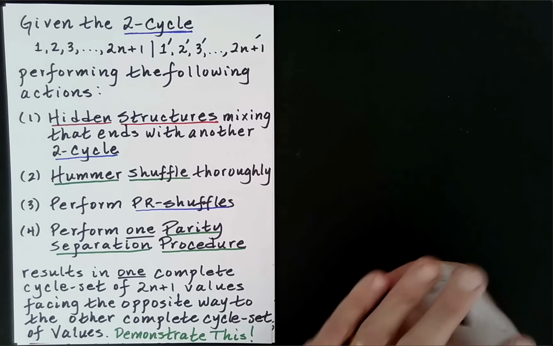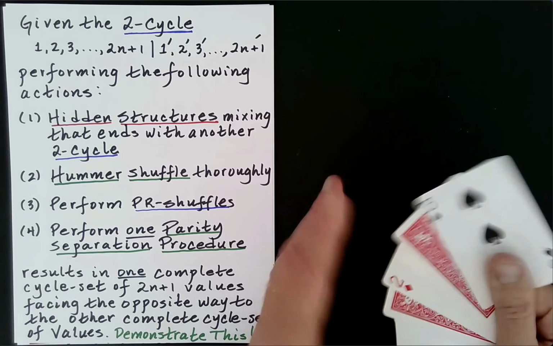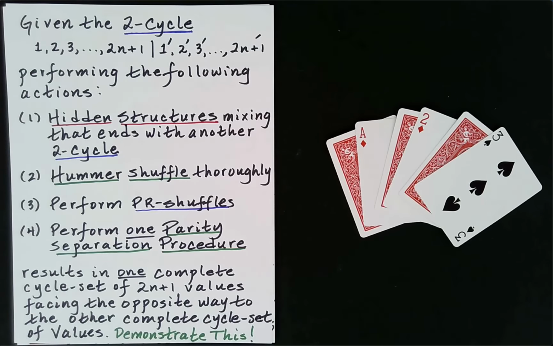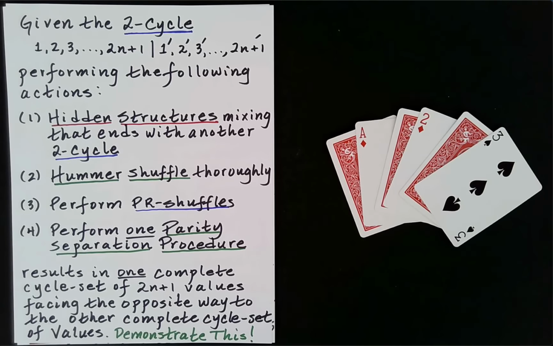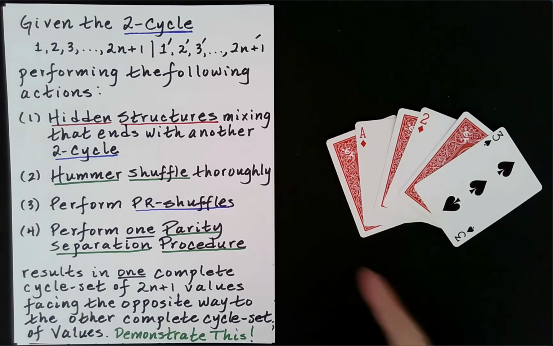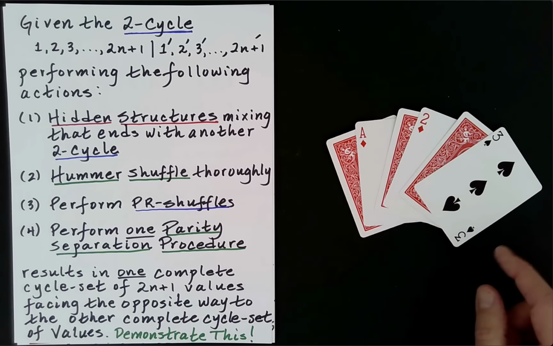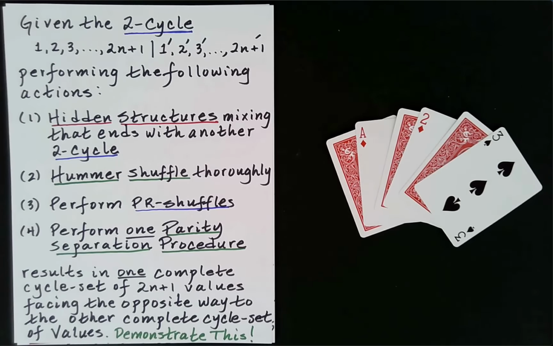That's great. And so the claim is that we will get one complete cycle set of values, of 3 values, facing the opposite way to another complete cycle set of values. And we can see that that's the case. Now, it won't be that these all come from the same cycle as you can see right here.